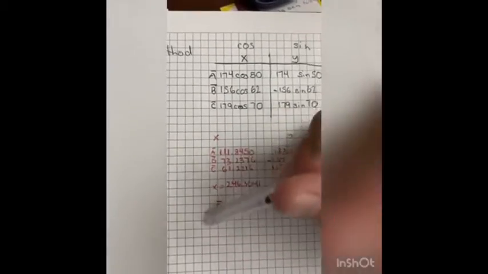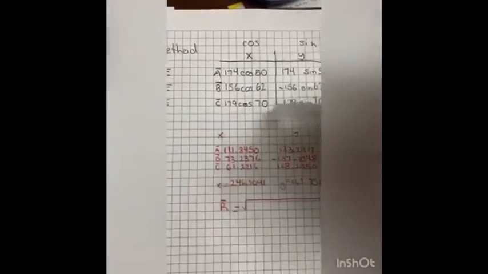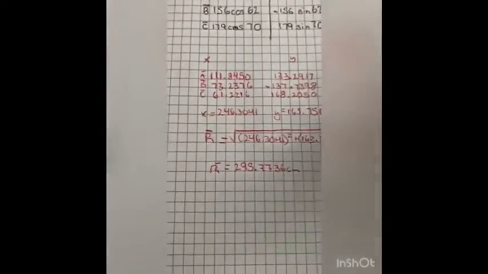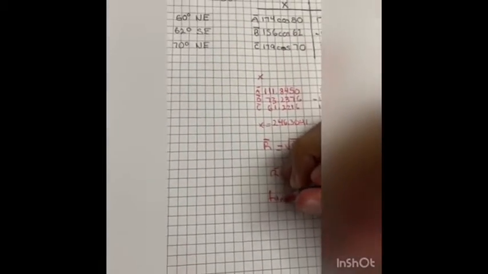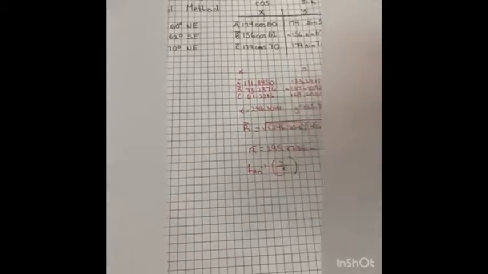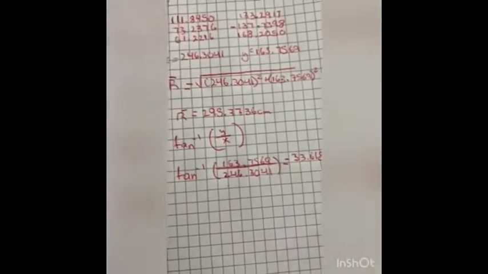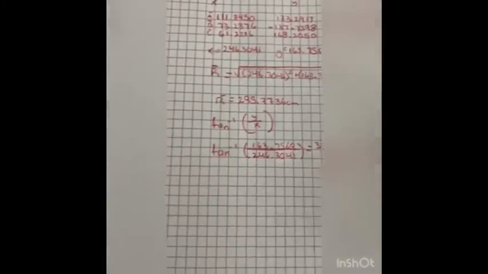And to have our final vector, we need to do the square root of x squared plus y squared. It's 295.77 centimeters, and then we need to find the angle and the direction. So we do inverse tangent of y over x, and passing this to our calculator, the final answer is 33.61 degrees.